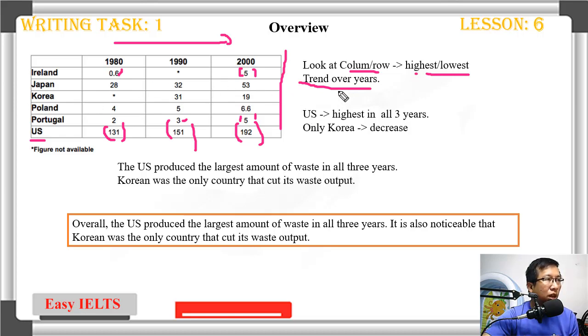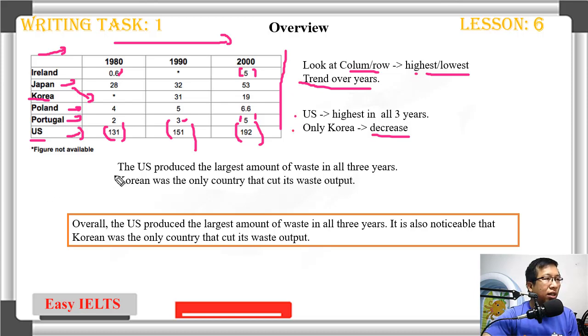So now we look at the trend. We have Ireland, the number increase, Japan increase, Korea decrease, Poland increase, Portugal increase, and US increase. So we only have Korea decrease. So only Korea decrease in our second sentence.